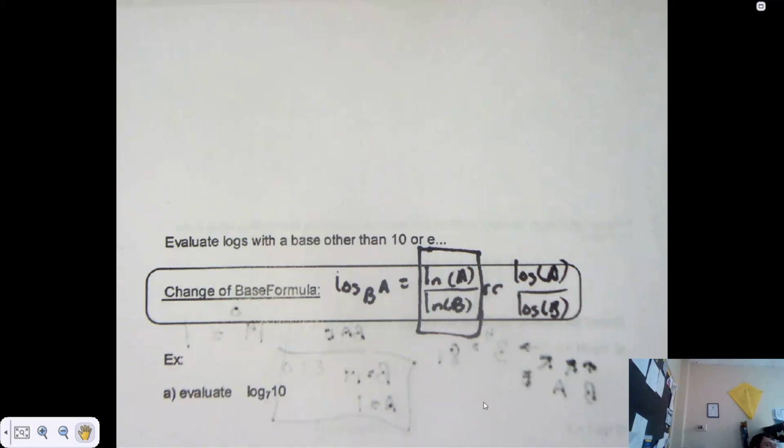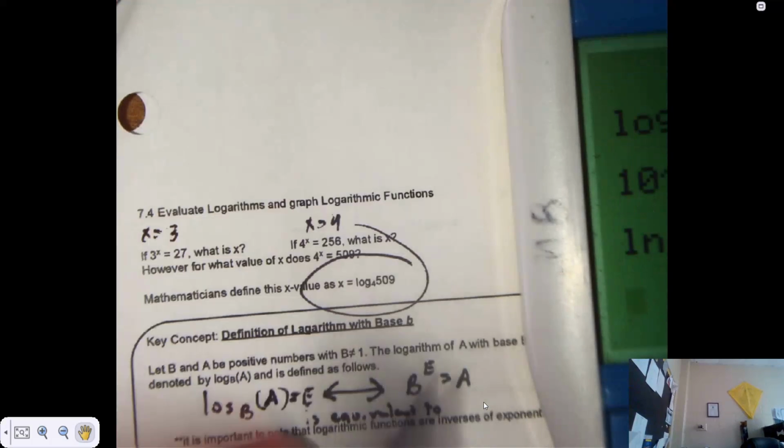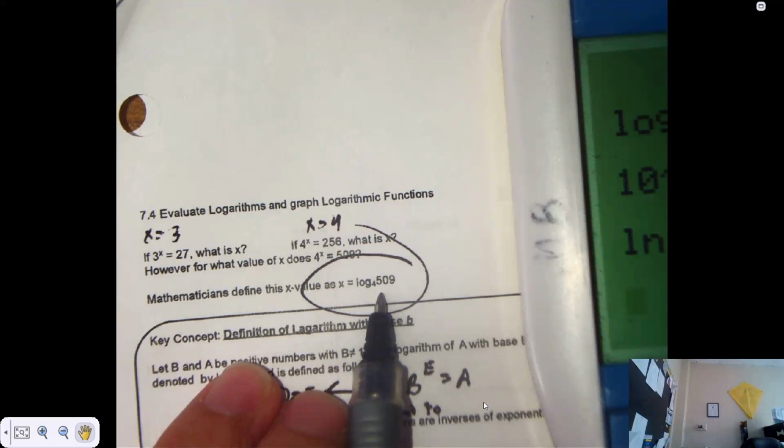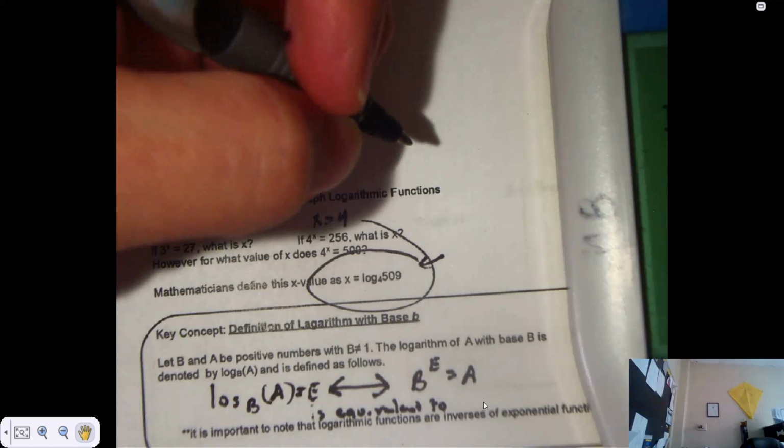So let's go back and answer that one question we couldn't answer. I think we came to a consensus it was over 4, right? Let's see what it is. How can I evaluate log base 4 of 509 in calculator? Not ln 4. I mean, that's half of it. You're over the natural log of 4.